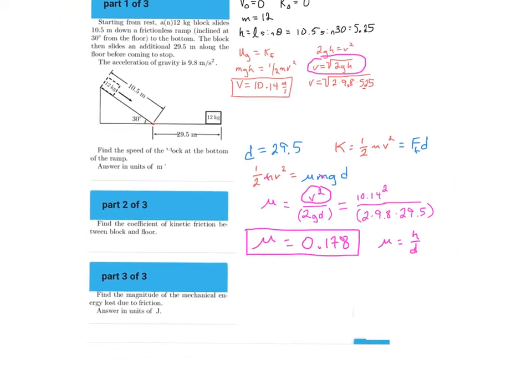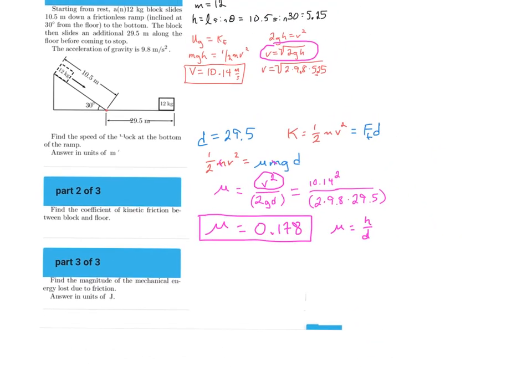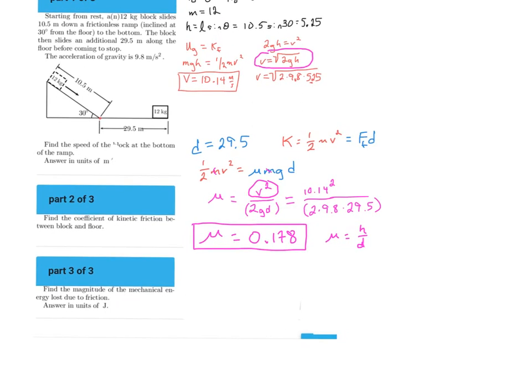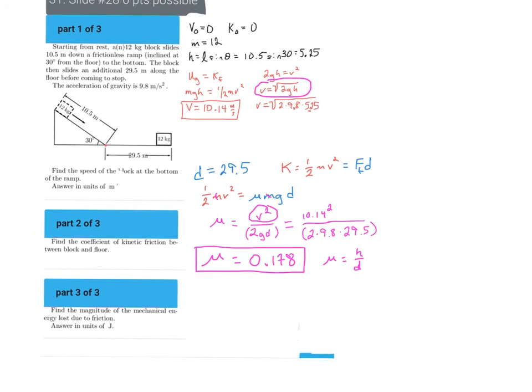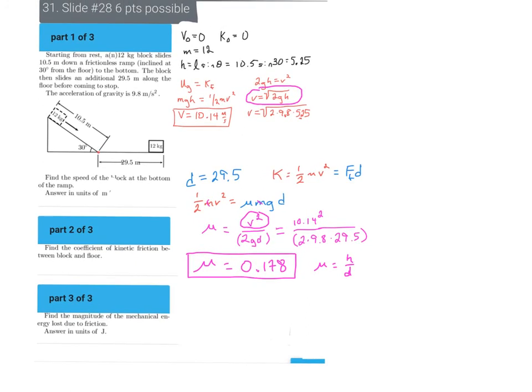Alright, anyway. For the last part, it wants the magnitude of the mechanical energy that's lost due to friction. Well, that is probably the easiest thing, because we already know the work done by friction back in part 2.